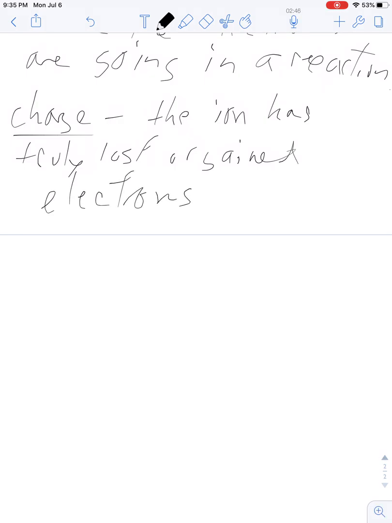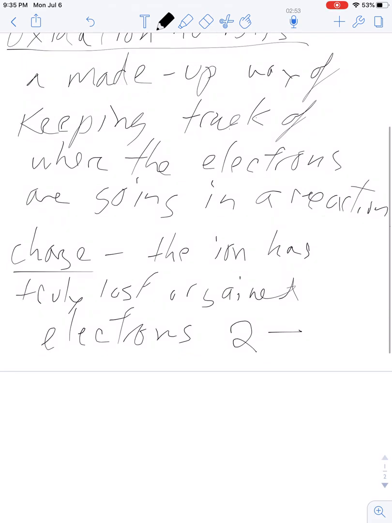So charges, you put the number and then the sign, whereas oxidation numbers, you put the sign and then the number.